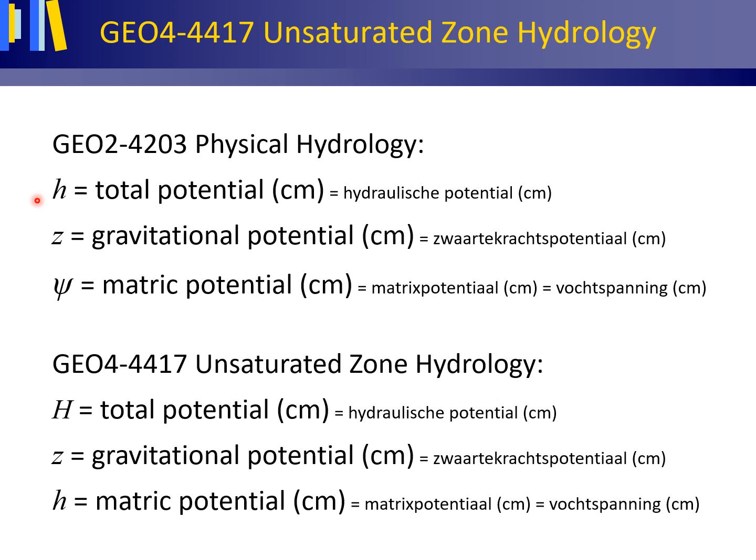However, in books dealing predominantly with the unsaturated zone, it is customary to use uppercase or large H for the total potential and lowercase or small h for the matrix potential, and this will also be the case, with the exception of these introducing video lectures on soil water, for the GO4 4417 unsaturated zone hydrology course. The differences are as listed here.